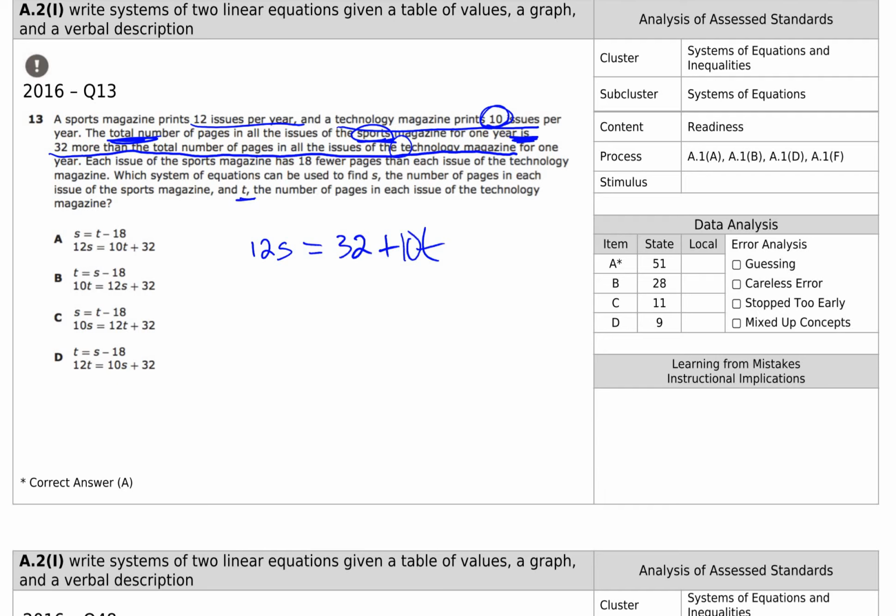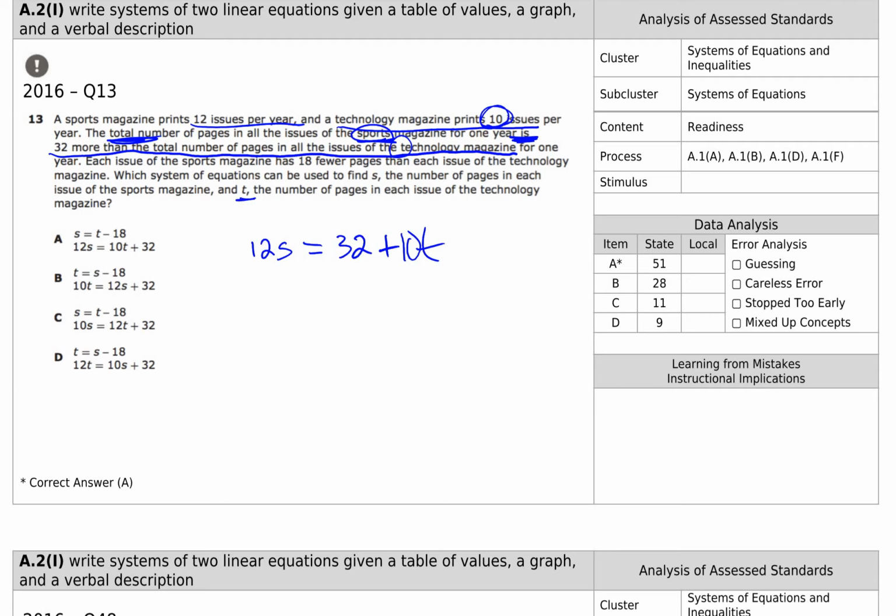So there's one of our equations. The total number of the sports magazine, 12 issues, is equal to 32 more than the 10 issues with the technology magazine pages. All right, so that's one sentence.